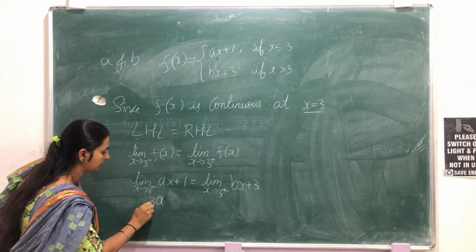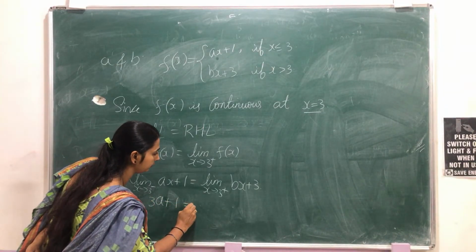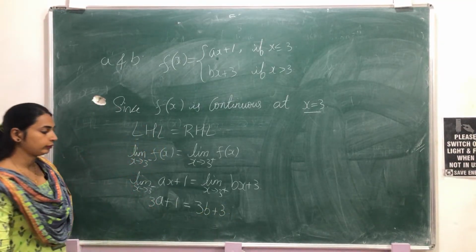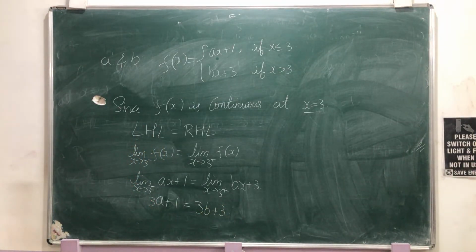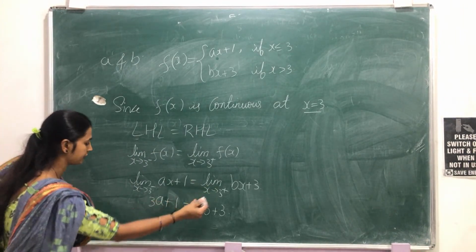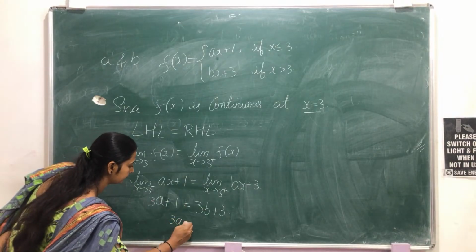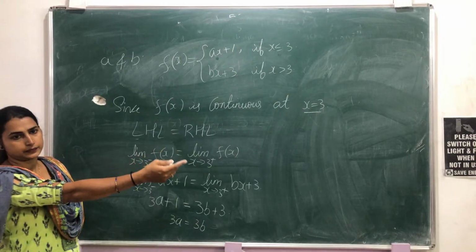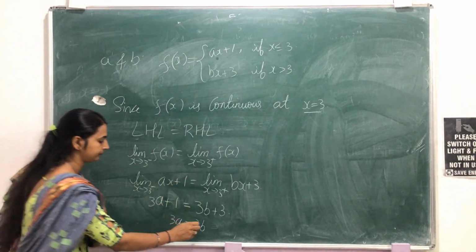That suits well. 3a plus 1 equal to 3b plus 3. I am going to find the relation between a and b. Let me write what a is equal to. I will keep only a on the LHS. The 1 I will shift to the other side: 3b plus 3, this one will go to that side, minus 1, so 3 minus 1.